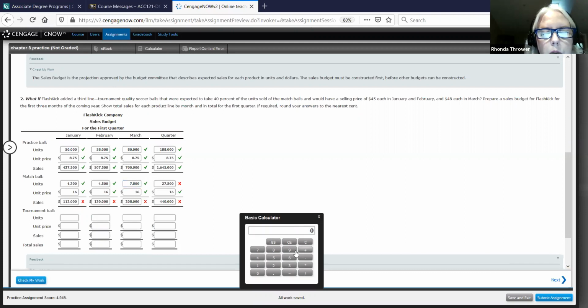And then we would add across 4,200 units plus 4,500 plus 7,800 is 16,500.